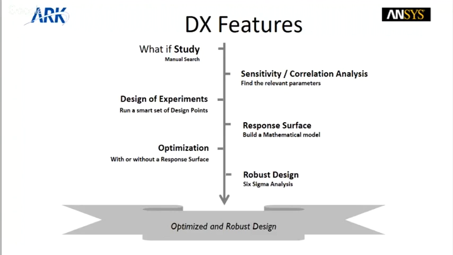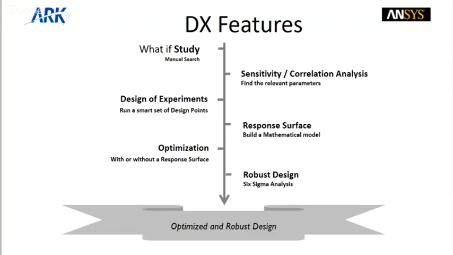Next, the third step is design of experiments, where you identify the parameters which matter, from the correlation analysis, and put them in the design space. Now those I will take for optimization and put into the design space for further simulation.